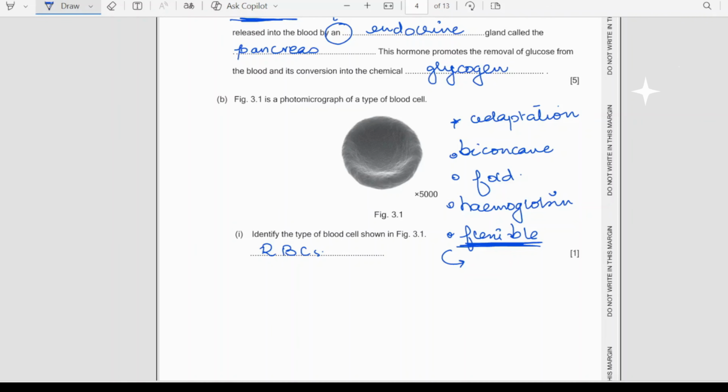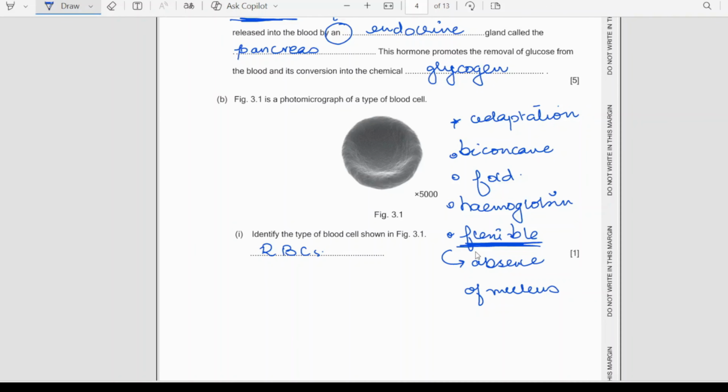What makes it flexible? What structure? That is adaptation. That is the absence of nucleus. So you need to remember these points.